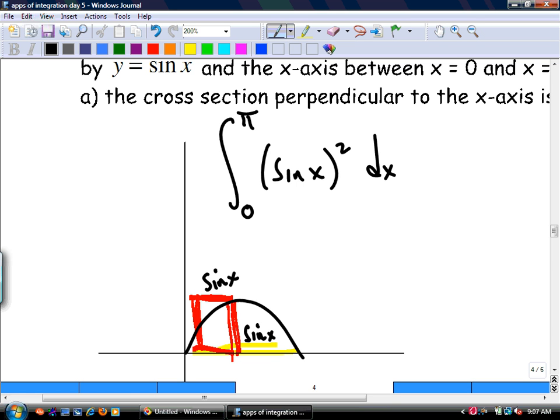This doesn't antiderivatize very well, so we'll use our calculator. Just put it in y1.